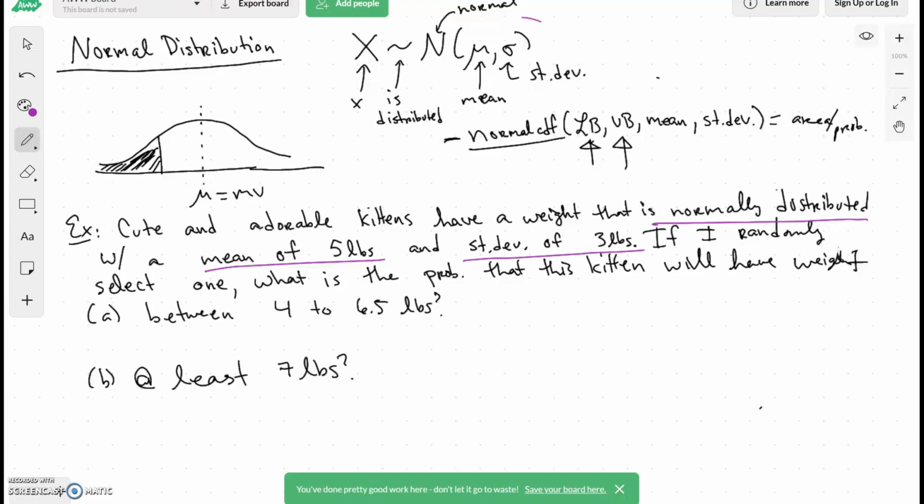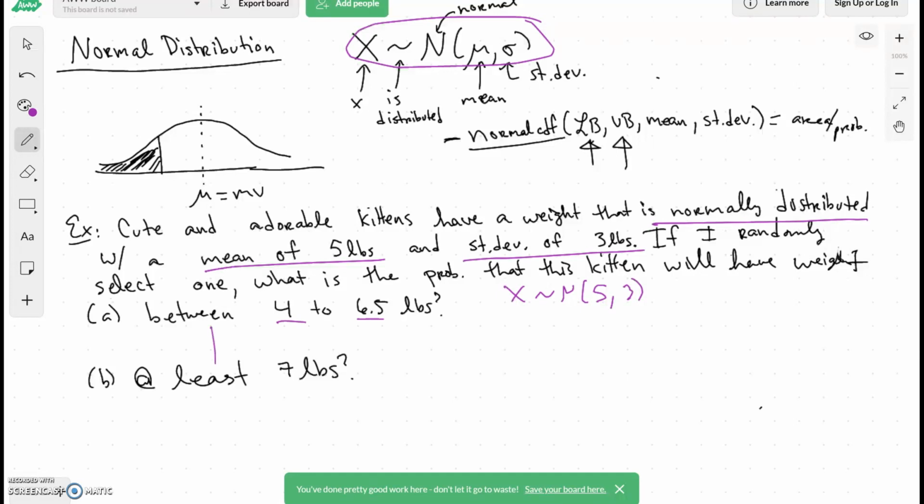So let's use this notation to write down what we know. We know that x is normally distributed with a mean of 5 and a standard deviation of 3. So we already know what mu is and we already know what sigma is. What is the probability that we're looking for? X has to be between 4 and 6.5.